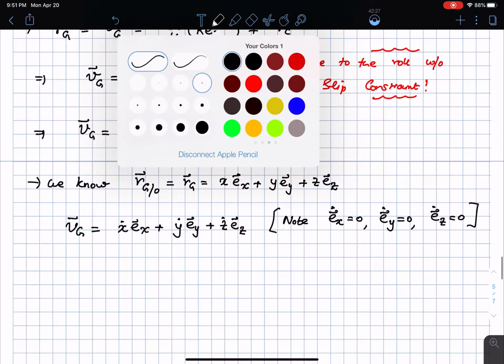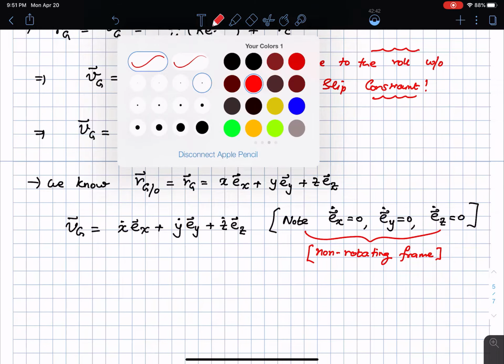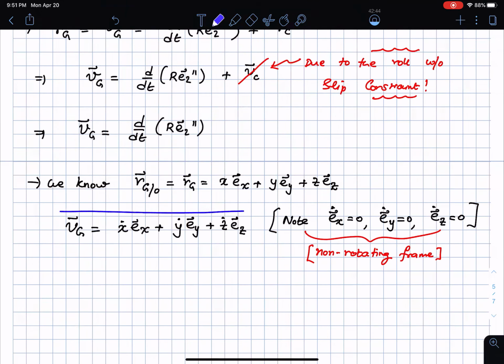This frame does not rotate. This is a non-rotating frame. Okay, so I have this expression here. This is the velocity. Let me put a box around it, so I'm going to make use of it again. This is the velocity vector for the center of mass, but we have some work to do.